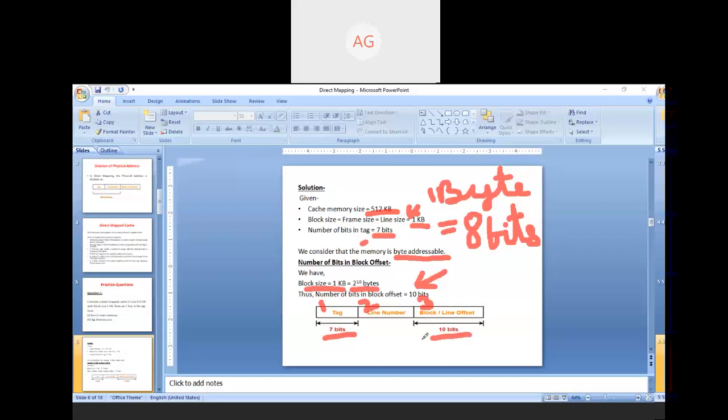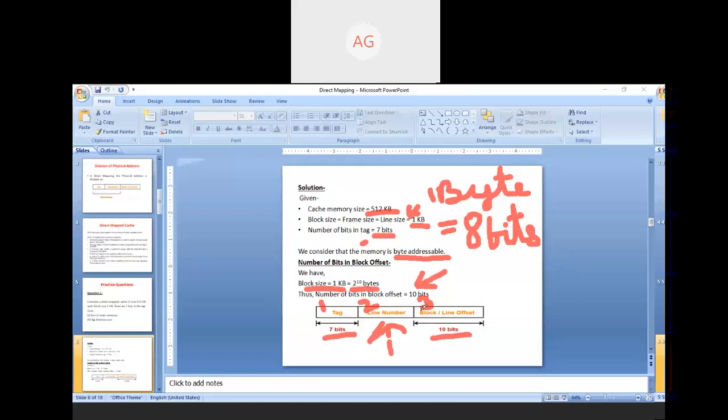And now we are going to find how many bits are required for the line number. So all of you understand at this point in the solution of the numerical, just write in the chat box so that we can move further. All of you need to have a copy and a pen with you in order to understand it better.